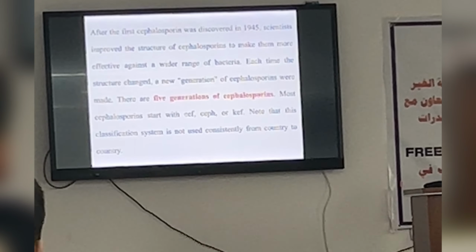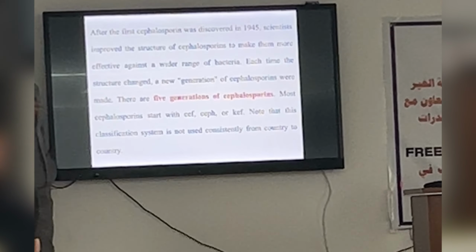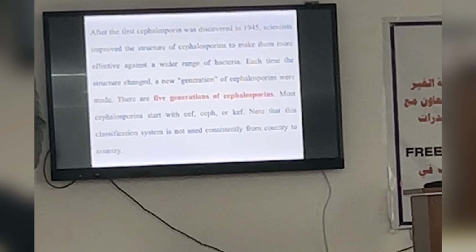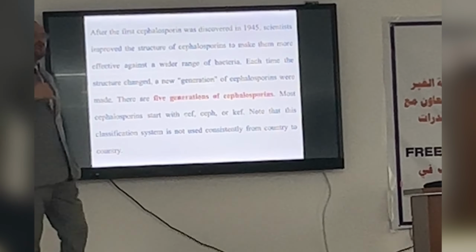Scientists improved the structure of cephalosporin. Improve means optimization, making it better. It means modification. For example, we make changes and see what the result of these changes is, whether it benefits the patients or not, against a wider range of bacteria. Wider range of bacteria means making the compound more broad spectrum.